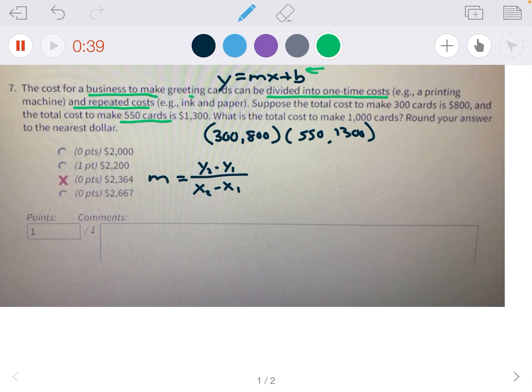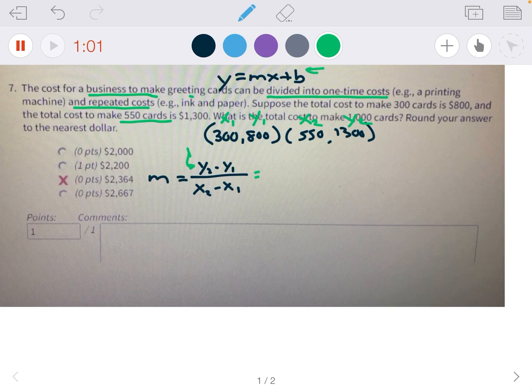All right, so we started off finding the slope. If you remember in the live lesson, when you have two ordered pairs, your 300, 800 and your 550, 1,300, I told you to put your X1, Y1 and your X2, Y2, because that helps us use the formula for finding slope.